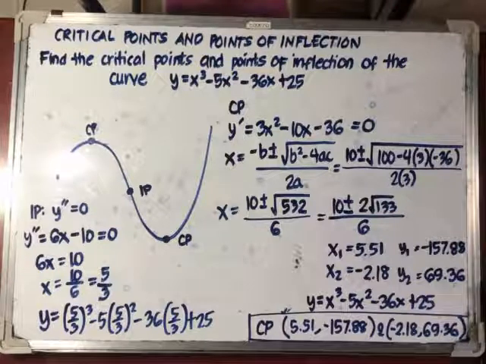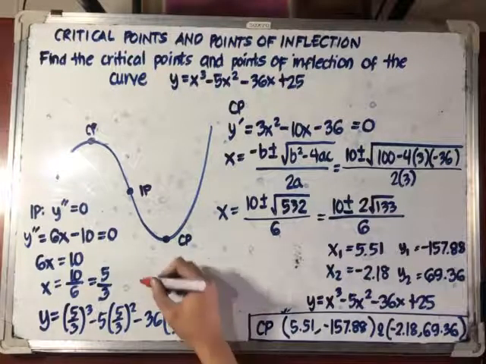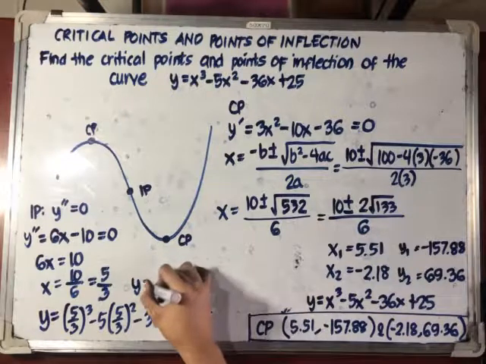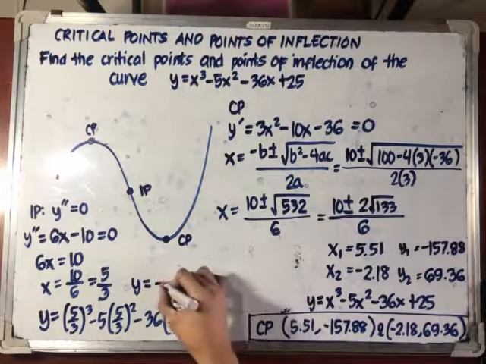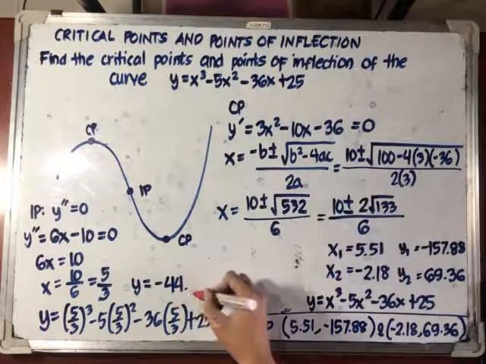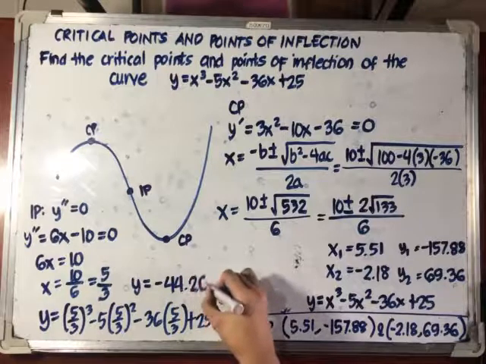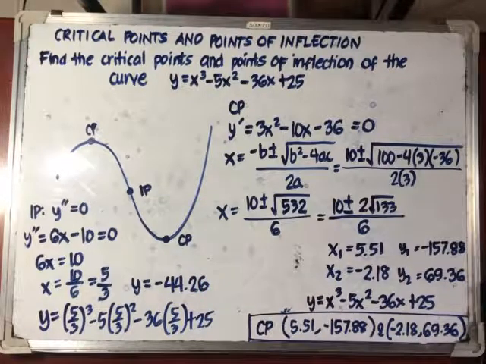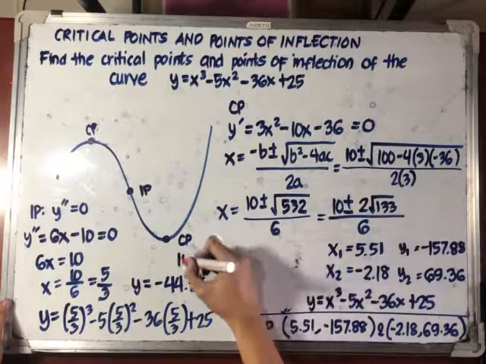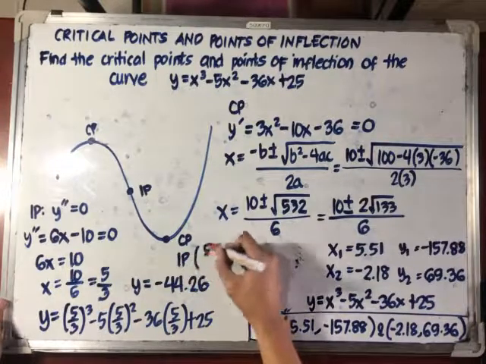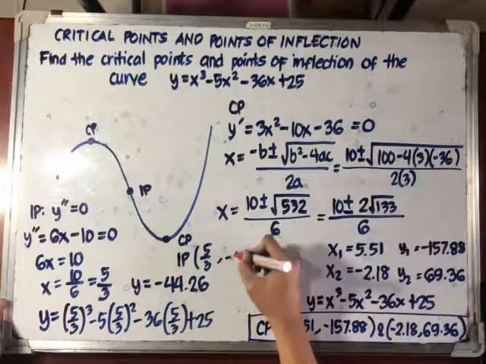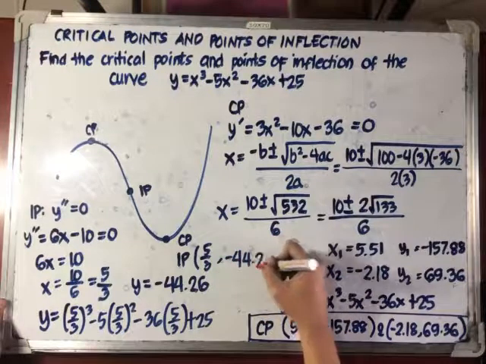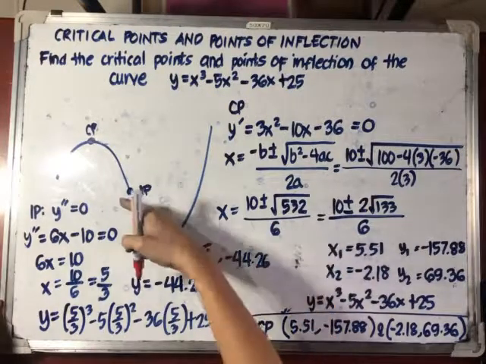And you will get a value of y here. Y is equal to negative 44.26. So, I hope you are still following. To summarize this for our inflection point, IP is 5 thirds, negative 44.26. That's the coordinate of this point here.